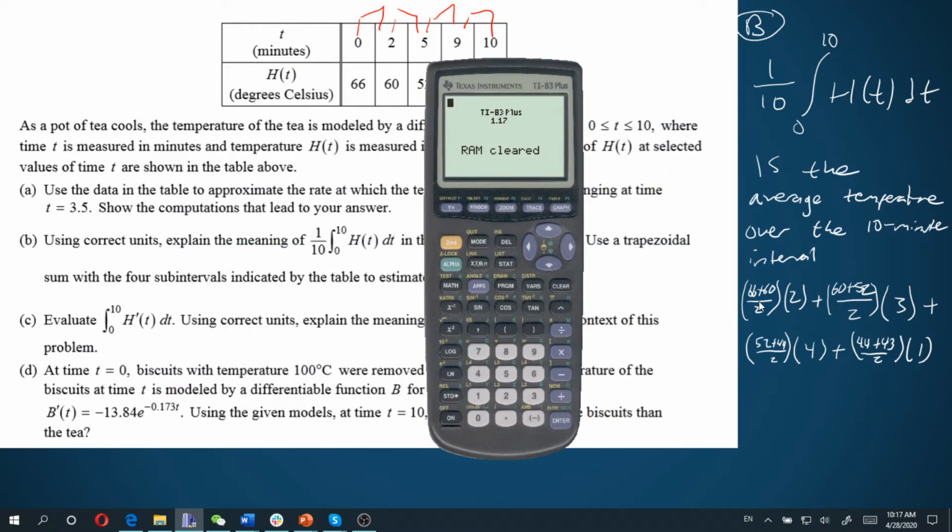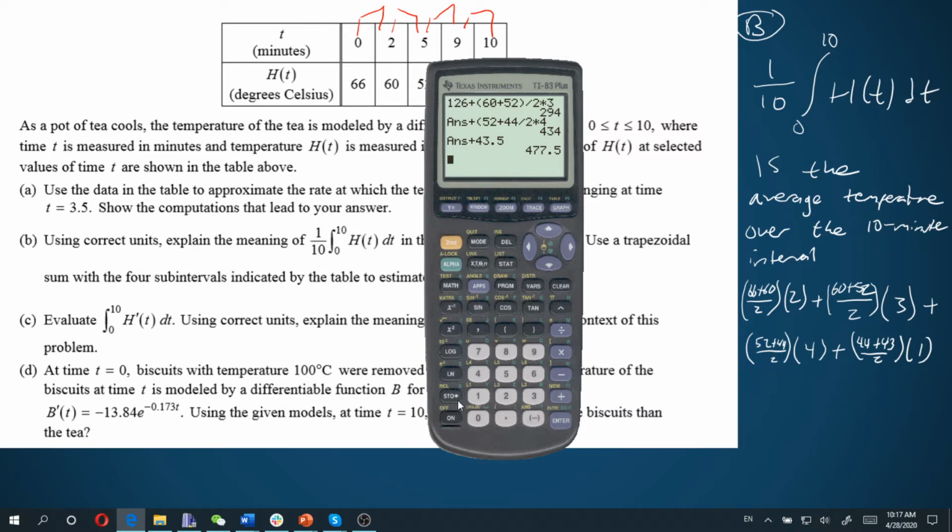So my 2's will cancel here, so I've got 126 for the first part. We've got 60 plus 52 over 2 times 3, plus, okay, so I've got 477.5 total.